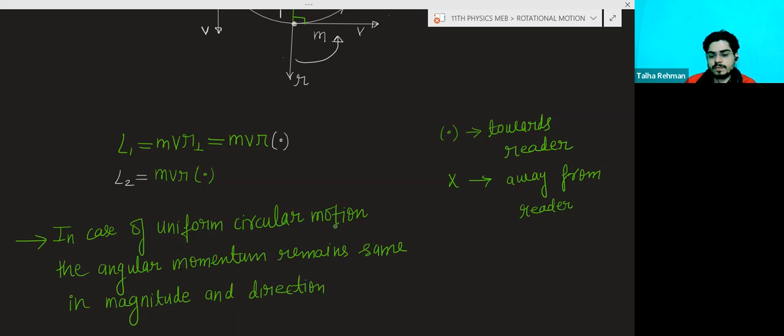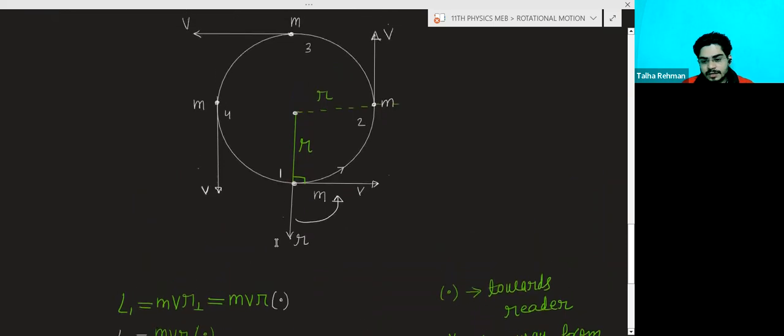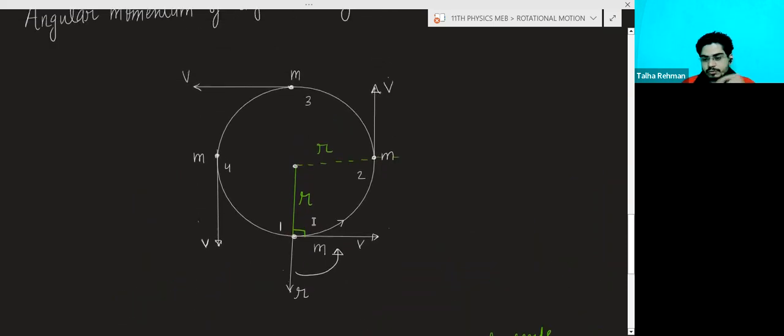Okay, so if a particle is moving on a circular path in the anti-clockwise direction, the magnitude and the direction of the angular momentum will remain the same. And I told you angular momentum is an axial vector, so its direction is not anti-clockwise or clockwise.